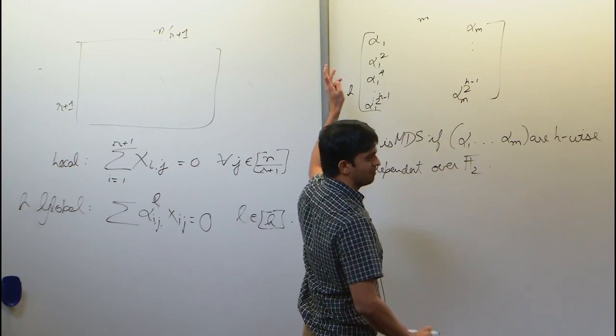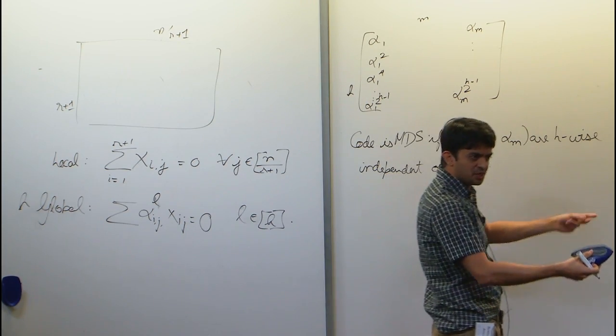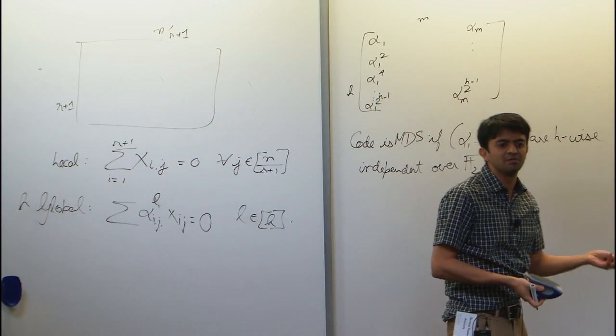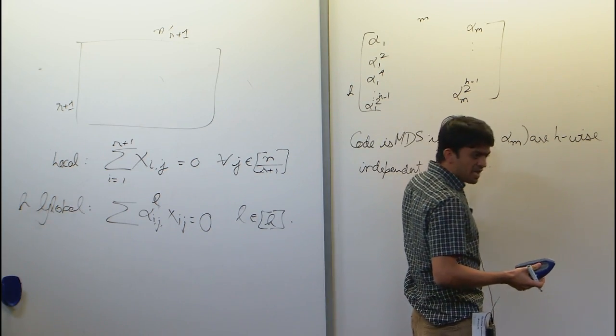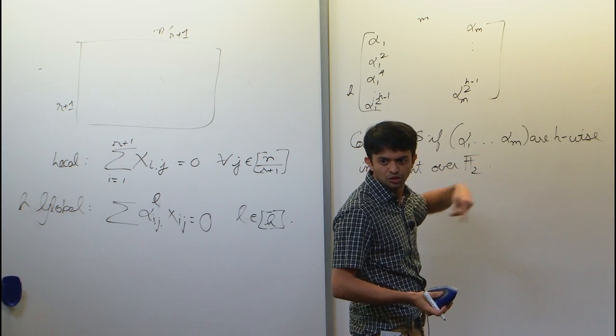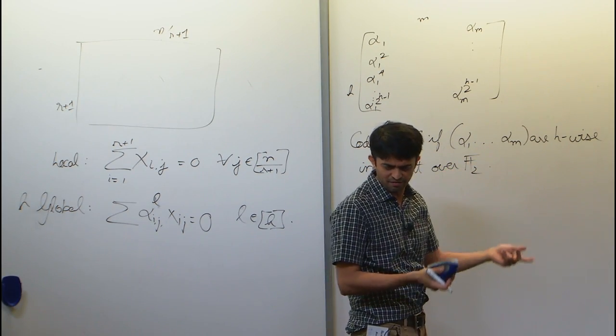The alphas are coming from some extension field of F2. You can think of them as vectors over F2. This says that any h subset of these should be linearly independent over F2.